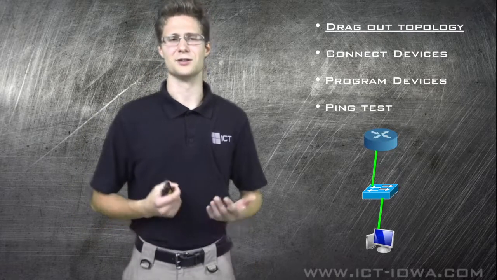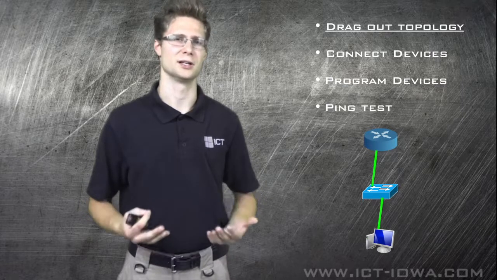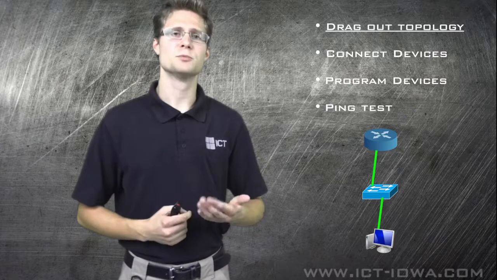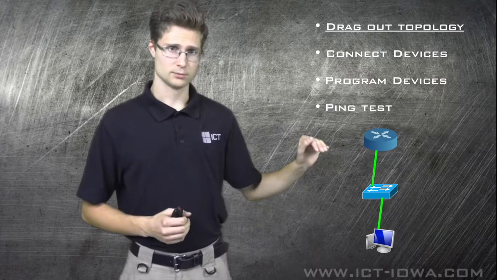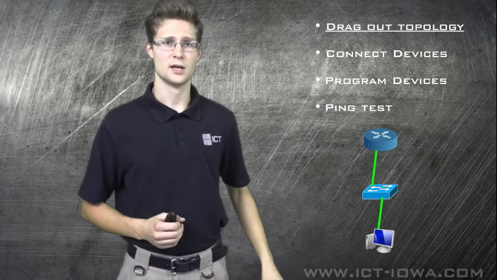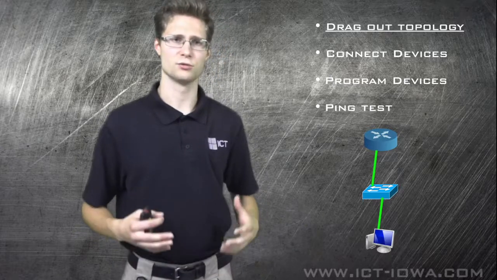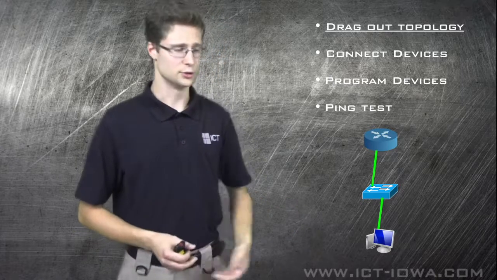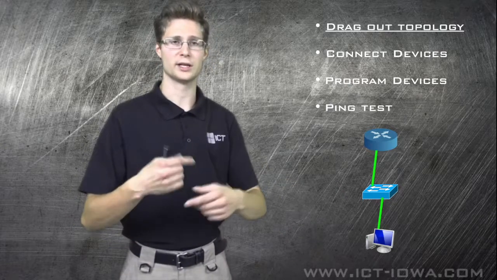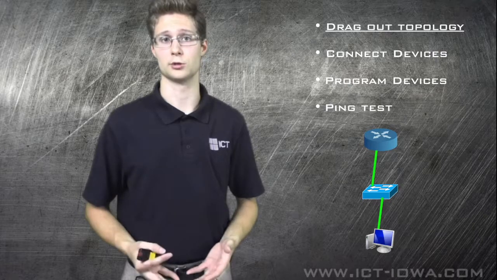So what is the router on a stick topology anyway? Well, this is the most basic network that you can build. It's a router connected to a switch connected to a PC. Now down here on the right, you can see a schematic representation of what this would look like. The tuna can there with the arrows pointing in and out, that's the standard symbol for a router.